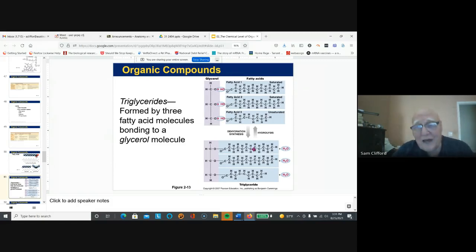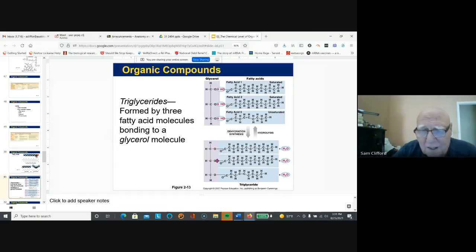If you take 3 fatty acids and use dehydration synthesis to attach those 3 fatty acids to a glycerol, water is removed, and you have a new covalent bond formed.